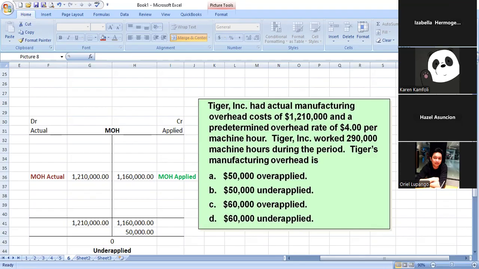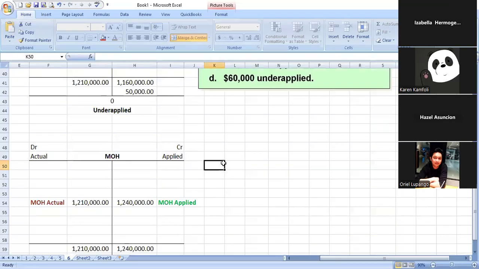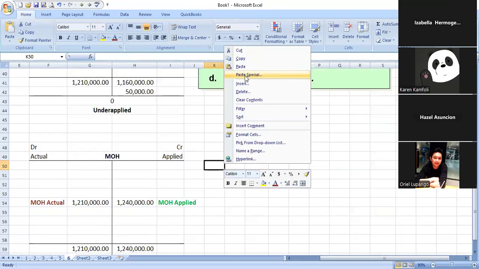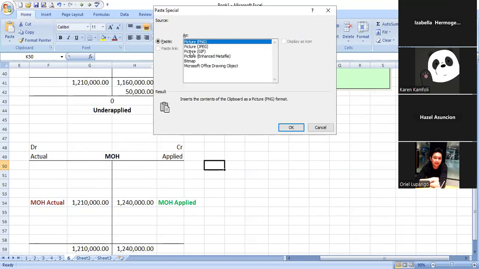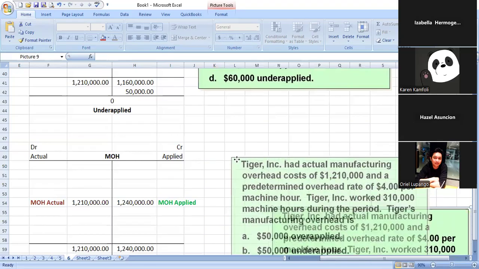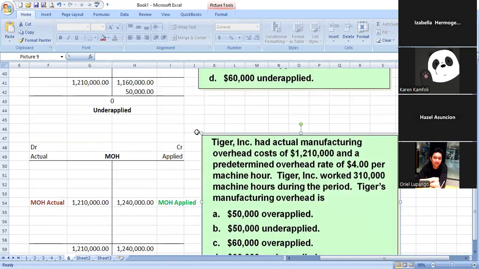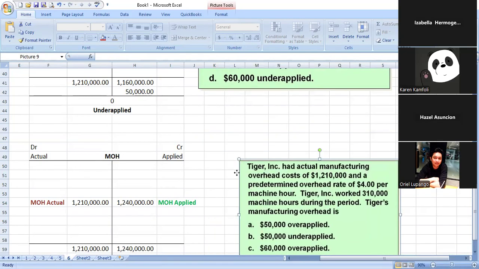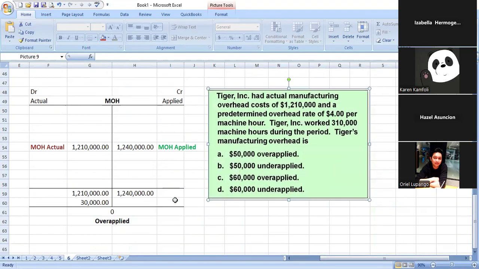But then the answer is not going to be here. For this one, let's paste special. Let's put it as a picture. This scenario is for if the 310,000 hours are applied. But now we don't have the answer.